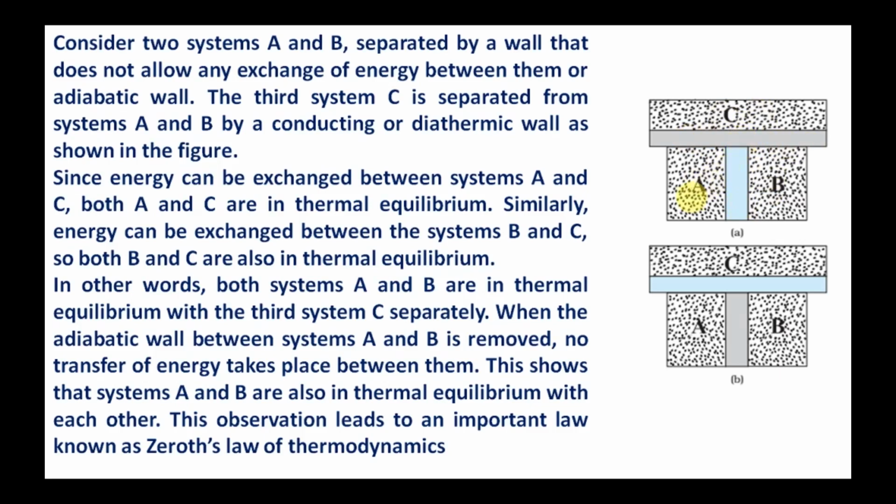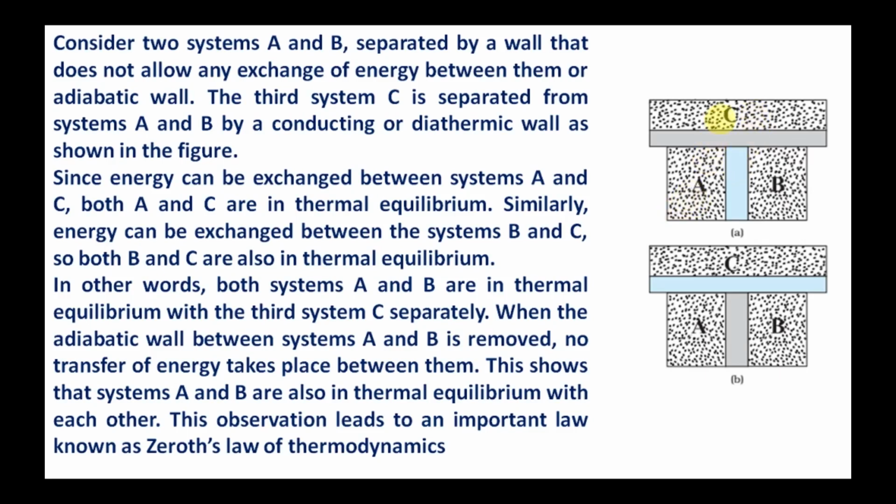Then there will be energy exchange between A and C, and those will become thermal equilibrium with each other after the energy exchange. Then between B and C also energy exchange takes place, and both B and C are also in thermal equilibrium with each other.